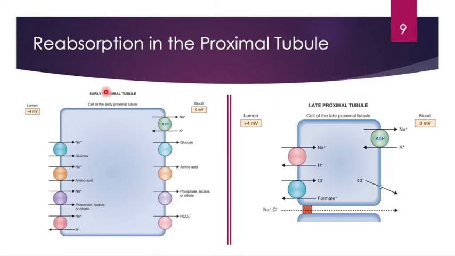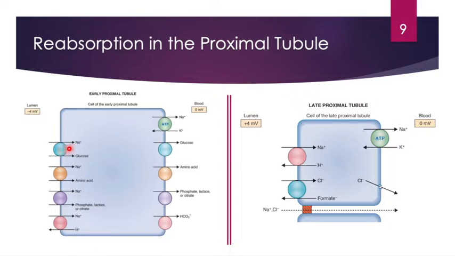So in the early proximal tubule, sodium is reabsorbed from the lumen into the cells via co-transport, such as sodium glucose co-transporter. This is also called SGLT, which stands for sodium dependent glucose co-transporter.